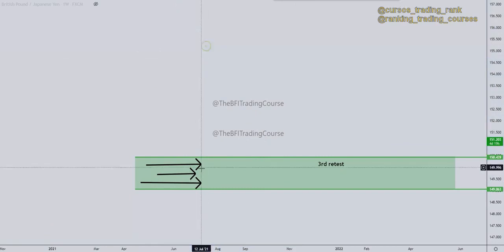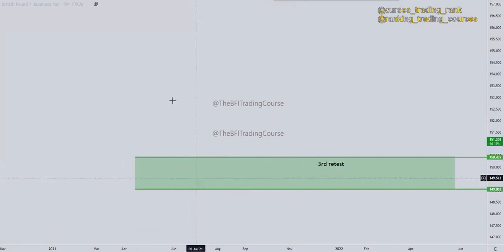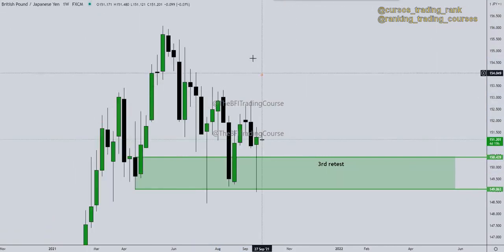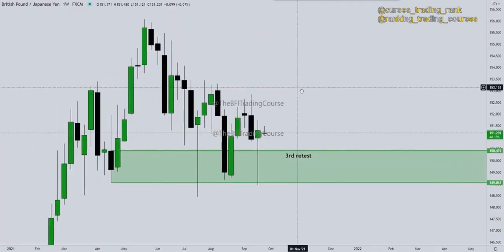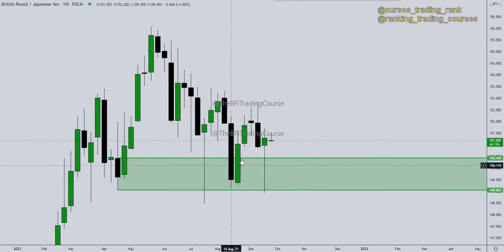Okay, physics 101. But let's bring this candle back and see this weekly zone and the third retest, and there's really not much more you can do here.